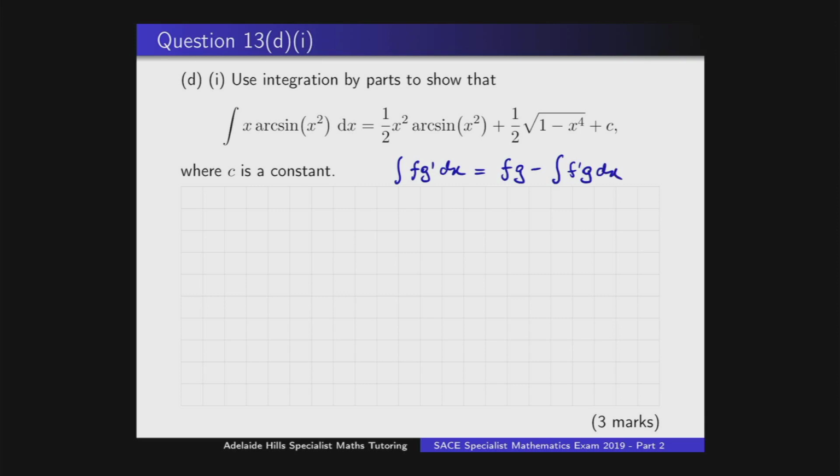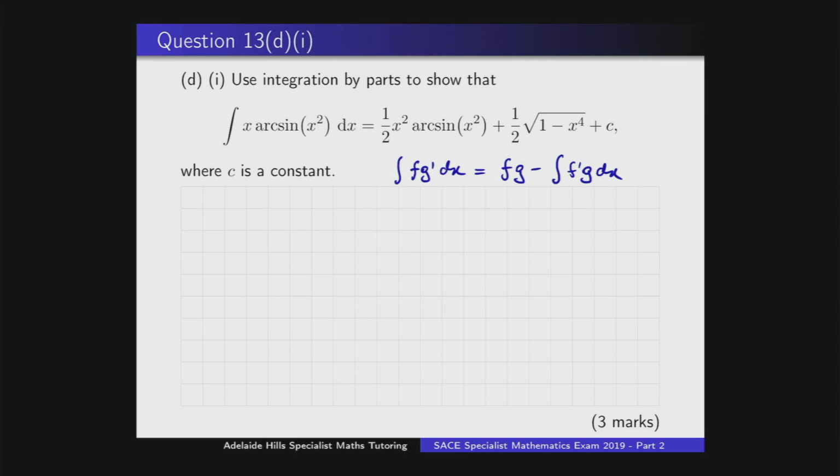Now in this case it means we're going to have to integrate one of these two terms, either the x or the arc sine x squared. Now we've used implicit differentiation to take the derivative of arc sine x squared. We don't yet really know how to integrate it, so it makes sense to let f equal the arc sine x squared and let g prime equal x.